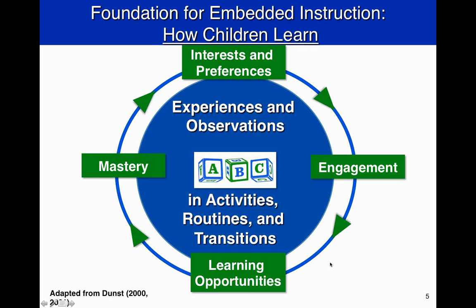And repeated opportunities to learn obviously result in children mastering important skills or acquiring dispositions that we think are important with respect to approaches to learning, for example. And mastery, of course, then leads to strengthening children's interests and also either building on or modifying their preferences, which again sets the learning cycle in motion.